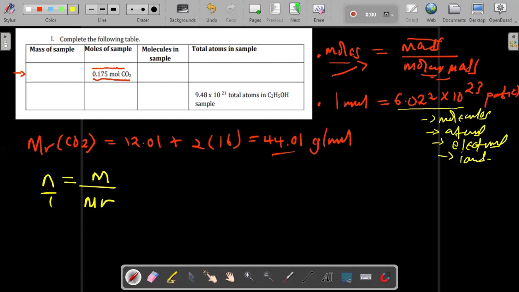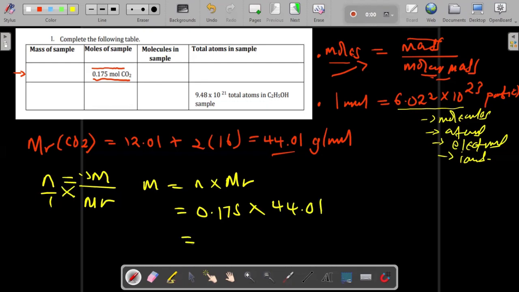If you want to find the mass, you make it the subject, so you cross multiply. Mass is equal to moles multiplied by molar mass. The moles we get from the table, it is 0.175 moles, multiplied by the molar mass, 44.01. When we multiply this, we should be able to get the mass of that carbon dioxide.